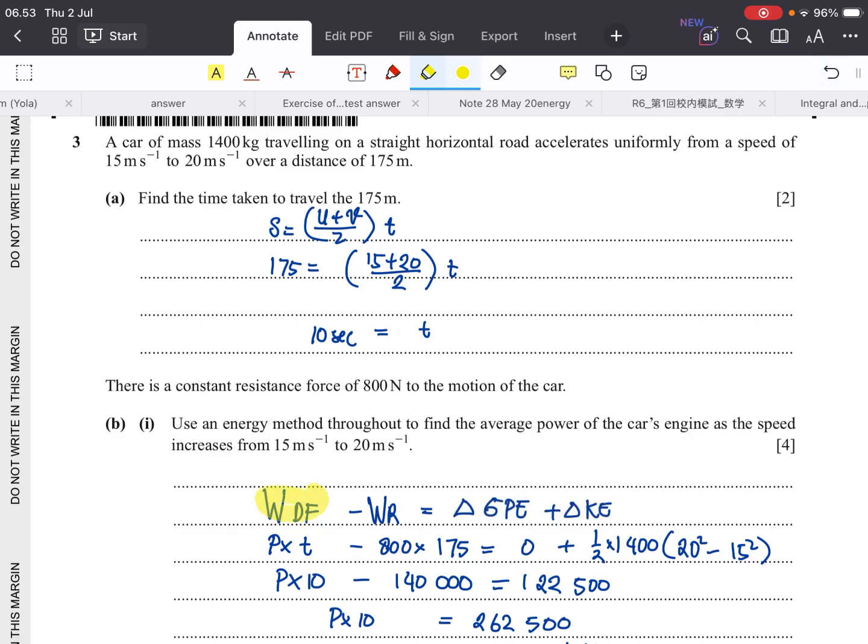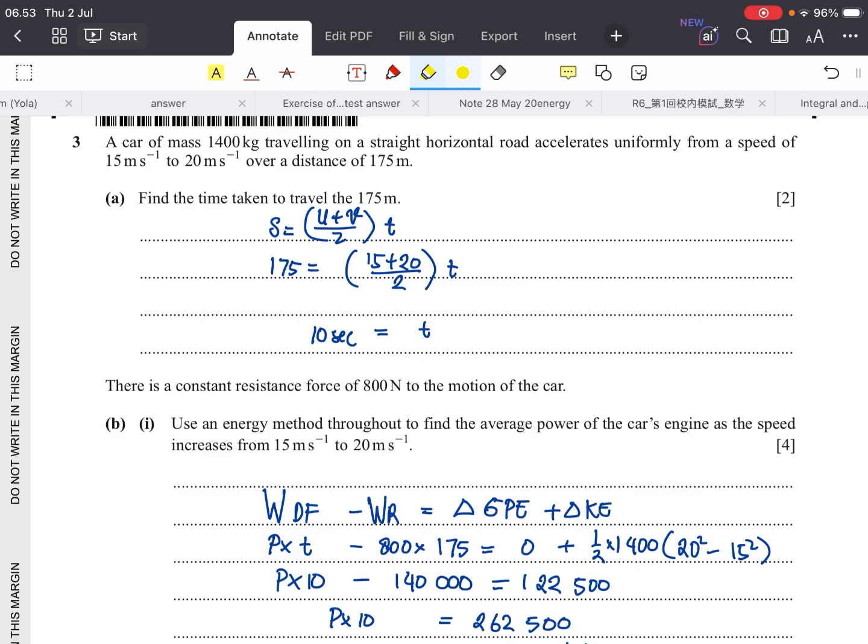The work done by the driving force is the power of the car times the time. And then the work done by the resistance is the resistance force multiplied by the distance traveled by the car.